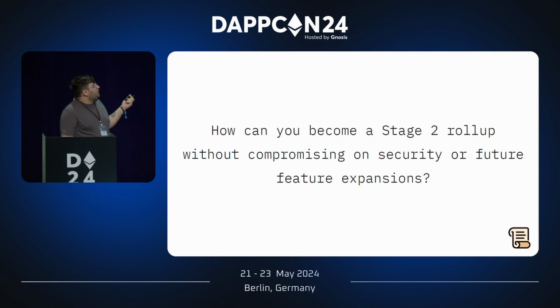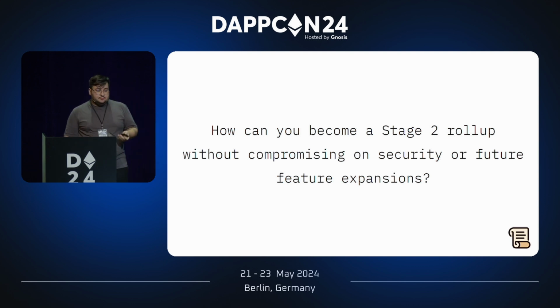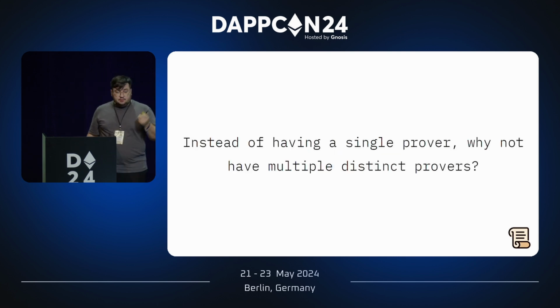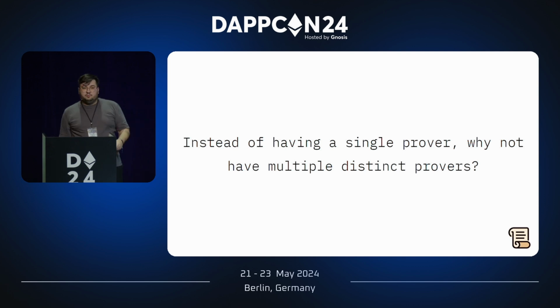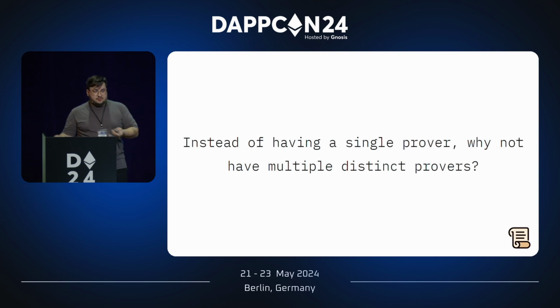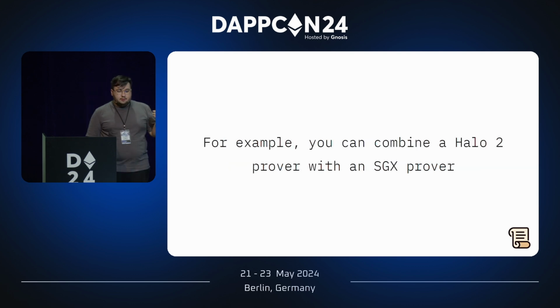So how can you become a stage 2 rollup without compromising on security or future feature expansions? There are a couple of steps here. One is multi-provers. Why should we have one prover when we can have multiple provers? And specifically distinct provers, because if you have two provers working with the same implementation and the same ZK system computing proofs, then it doesn't matter. You might as well just have one. For example, you can combine a Halo 2 prover with an SGX prover.